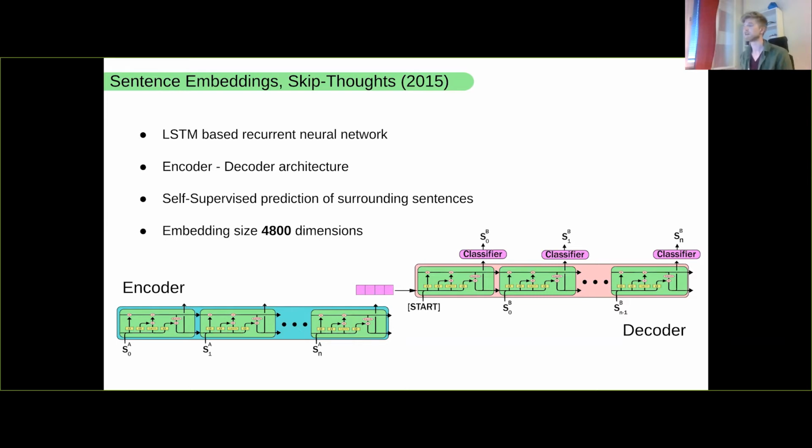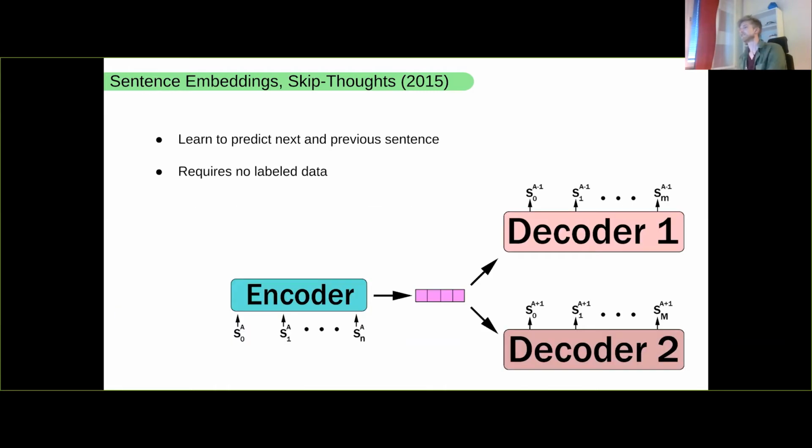Could be less, could be slightly more. But Skip-Thoughts went ahead and said, you know what? Let's do 4,800. Why not, right? And as I said, they're trying to create a sentence embedding that, when run through a decoder, will be able to predict the previous sentence and the next sentence.